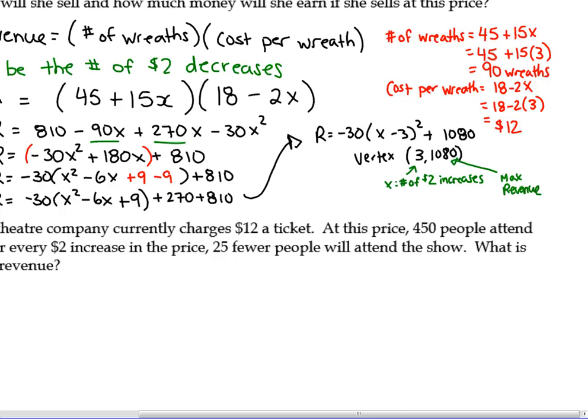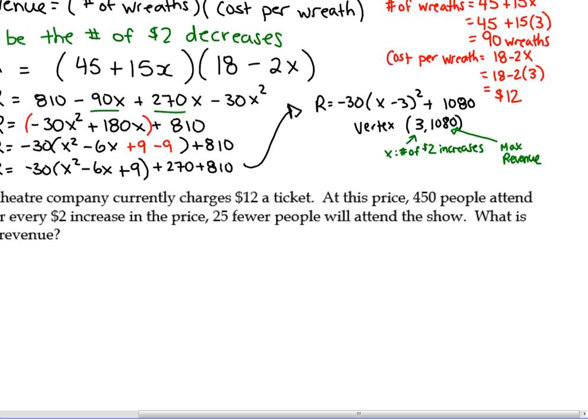So on a side note, if we continued that pattern, initially we had 45 times 18, right? And then every time we decreased it by 2, we sold 15 more. And so you can double check your work by following that pattern.